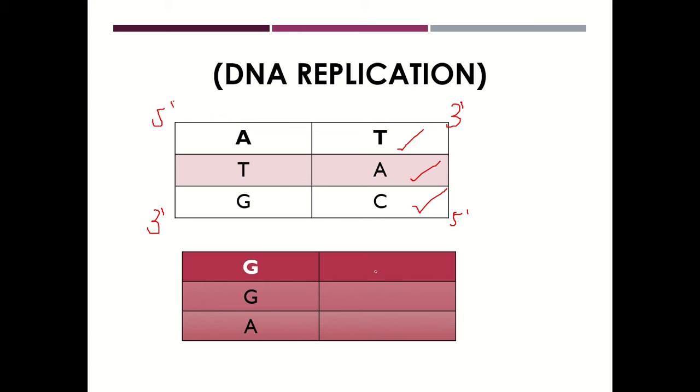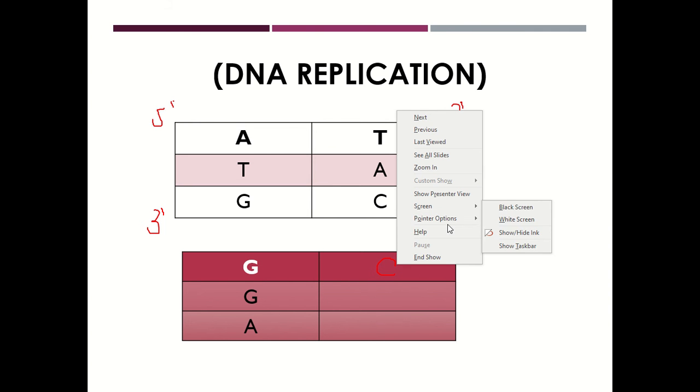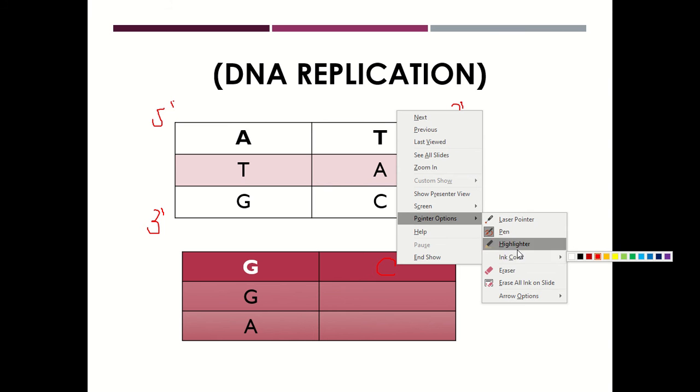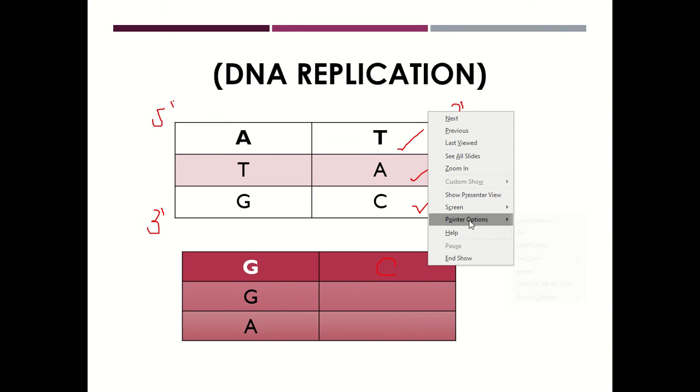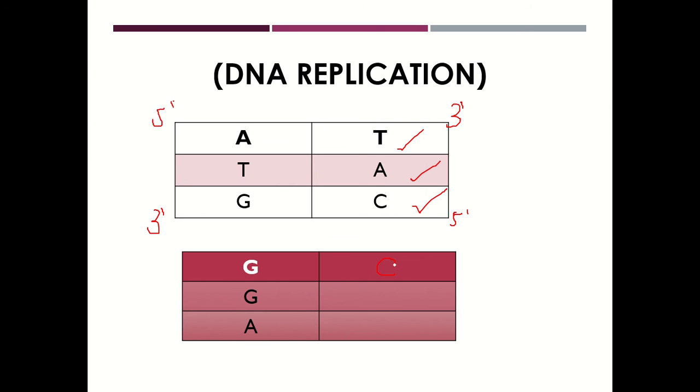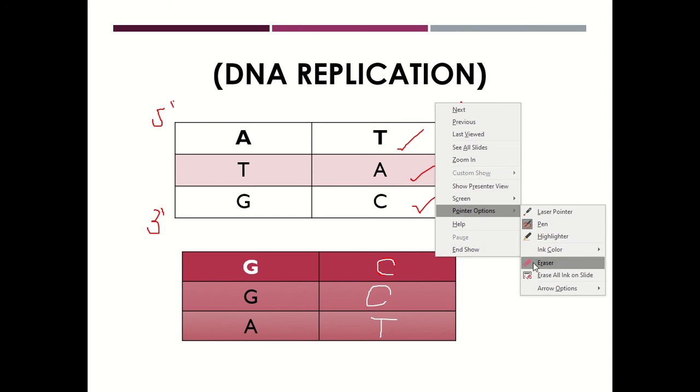What is the nitrogenous base pair? So G, I C. So palitan natin ang color. Okay, so this one is C. So C, cytosine. How about the guanine? So cytosine pa rin. How about adenine? Alright, thymine. Okay, next.